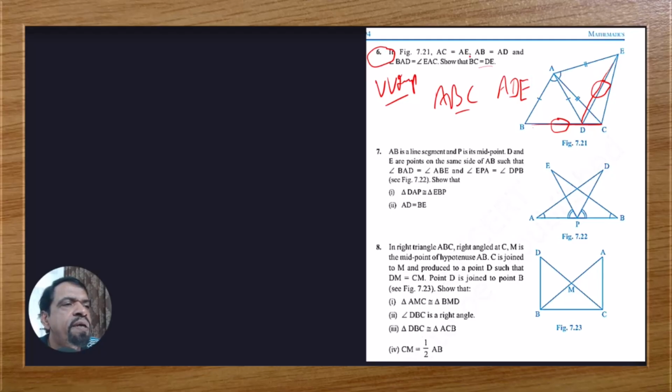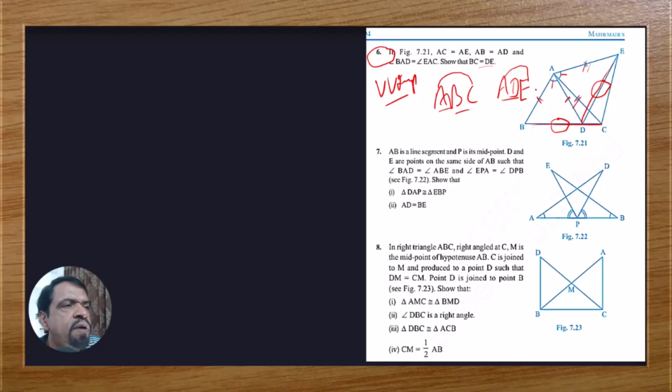AC equal to AE. Okay students, you can see in the figure as well as here, AC with a double mark, AE with a double mark, and the single marks, AB equal to AD. You can see here, AB equal to AD and AC equal to AE. Now angles are given, these two.